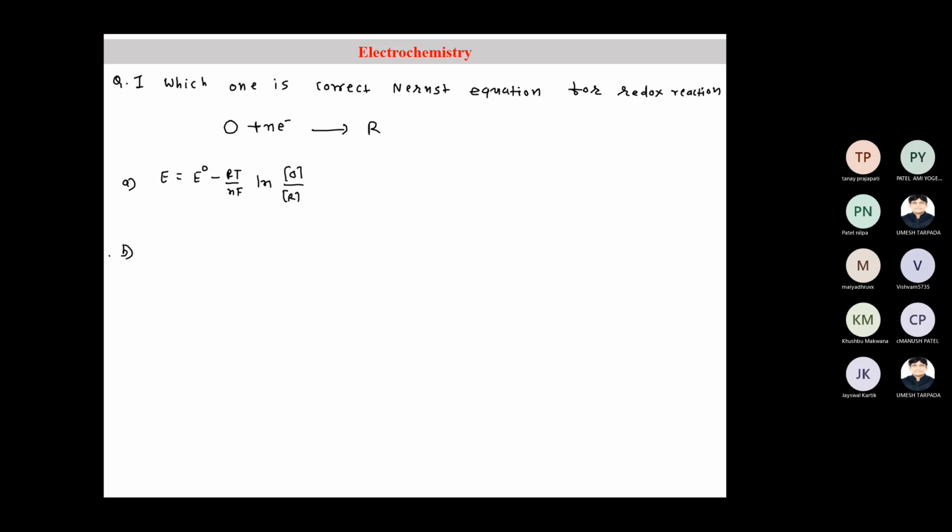This is the first option. This is the second option. This is the third one.